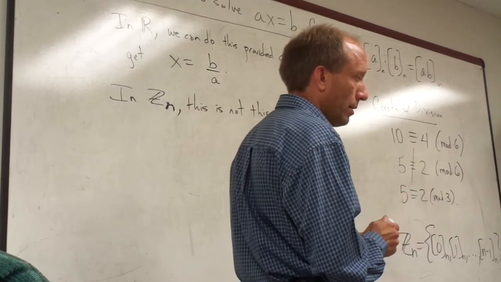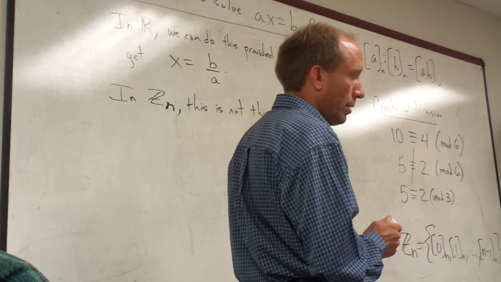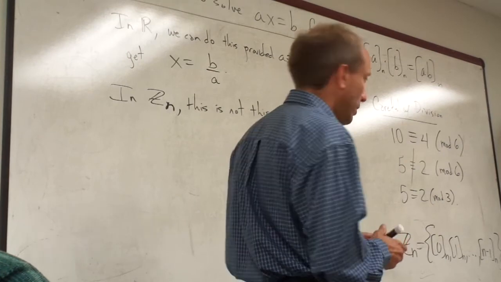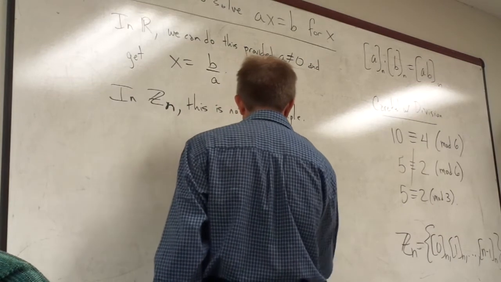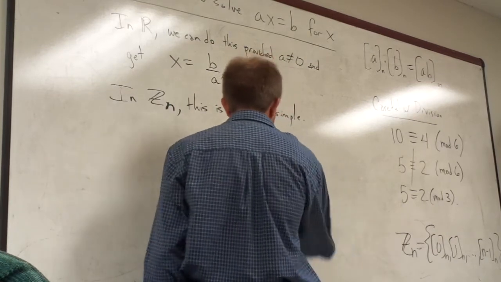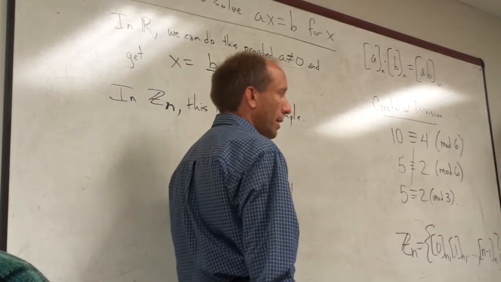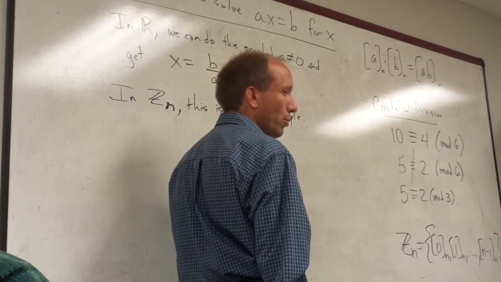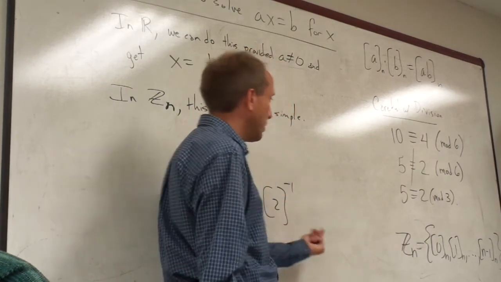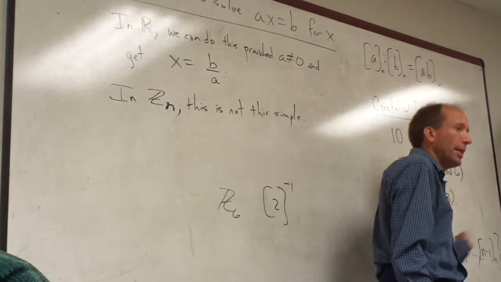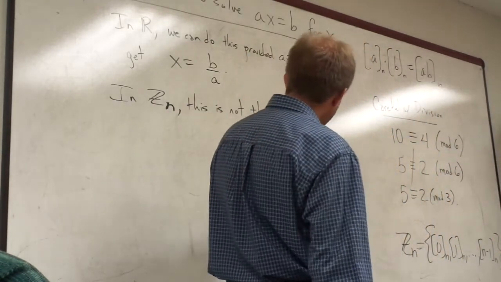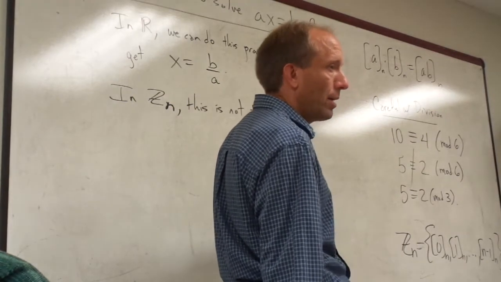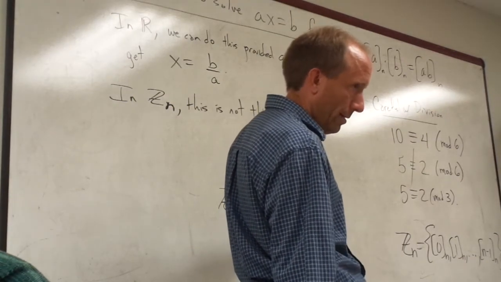So back to Z6 again, what is the reciprocal of that? Well, there is no 1/2, so the answer has to be one of these 6 things, and it has to be something that you would multiply 2 by that would give you 1.